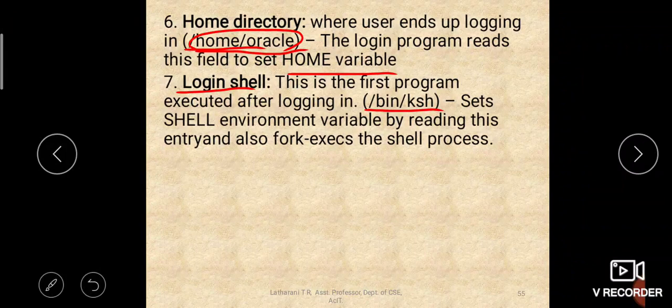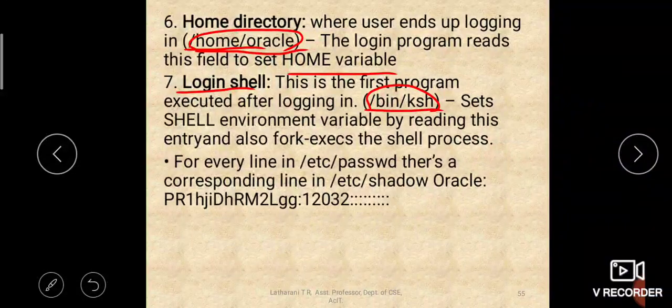KSH stands for the Korn shell. So the type of the shell and the path where the shell program is situated will be given here, and using this path, the value of the SHELL environment variable will be set.